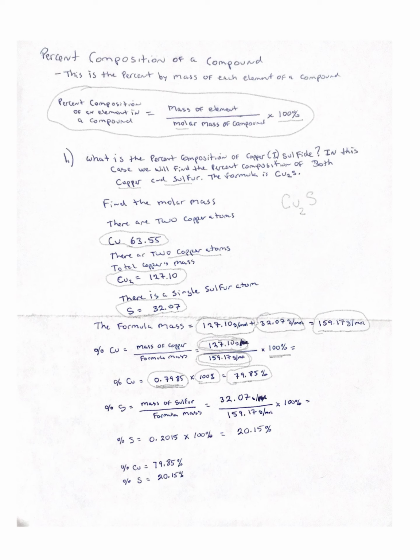Now we can determine the percent composition of sulfur. So I'm going to put the mass of the sulfur over the formula mass for copper sulfide. So we said that there's 32.07 grams per mole. So that's going to be over 159.17 grams per mole, and multiply times 100%.